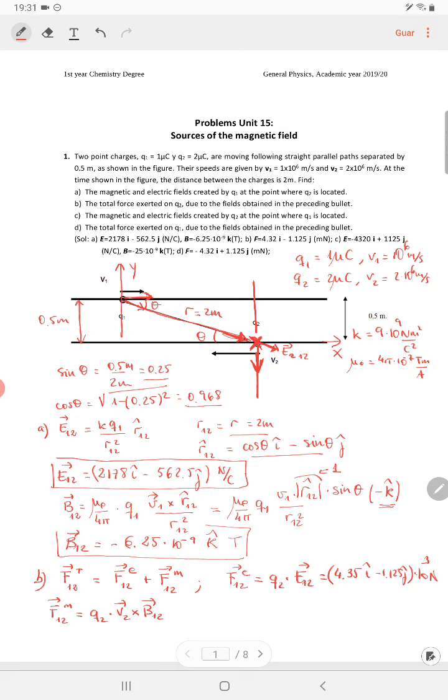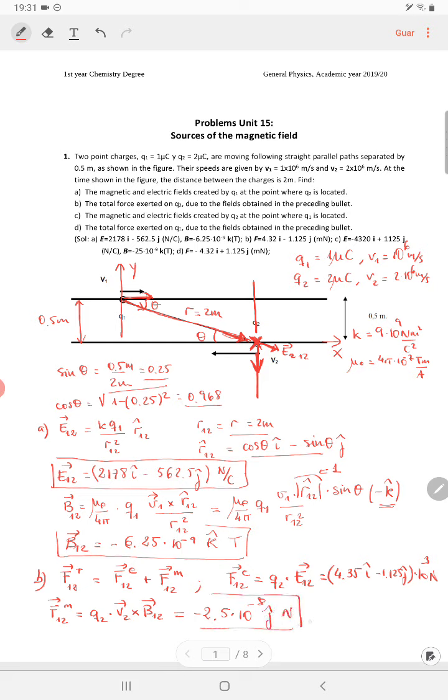So if you multiply everything, this is equal to minus 2.5 times 10 to the minus 8 in the k direction, and this is in oh, sorry, I'm copying something that is wrong. So again, this force is minus 2.5 times 10 to the minus 8 in the j direction, and this is in Newton.